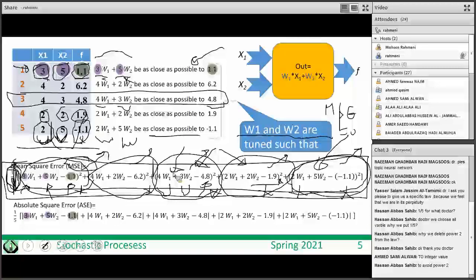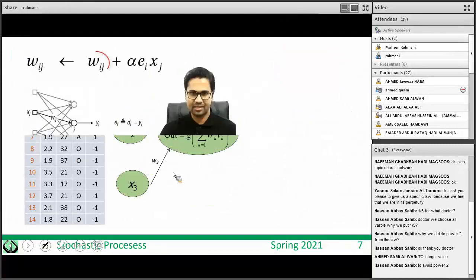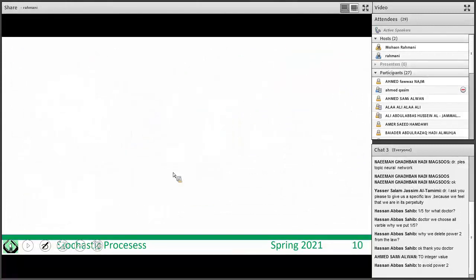By minimizing this formula, we can find W1 and W2. But how do you solve this equation? How do you minimize this?